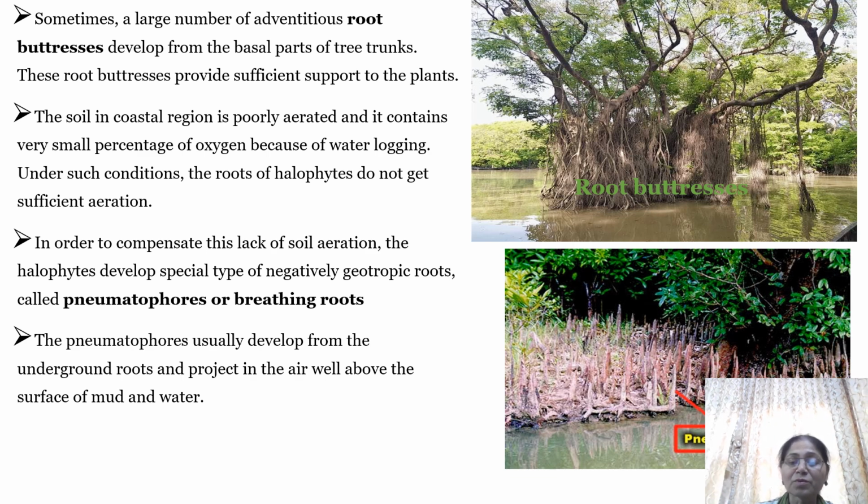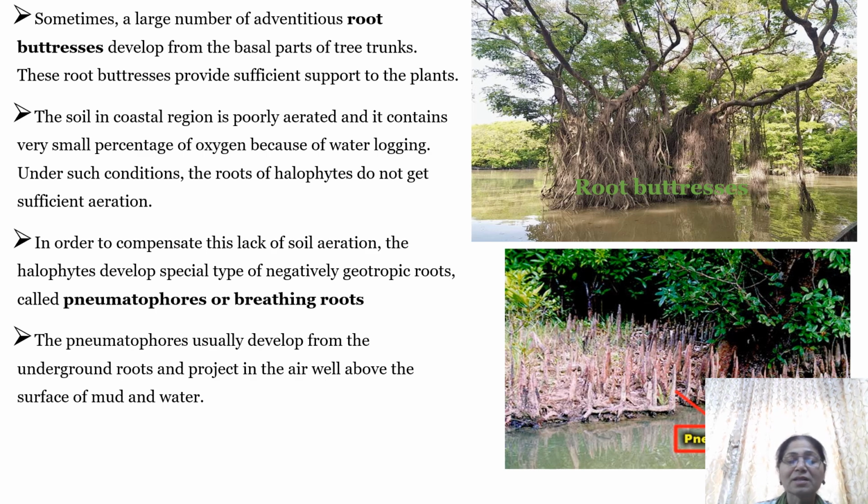These aerial roots growing out of the soil are negatively geotropic but positively phototropic, meaning growing toward the light and away from gravity. These aerial roots are called pneumatophores or breathing roots.